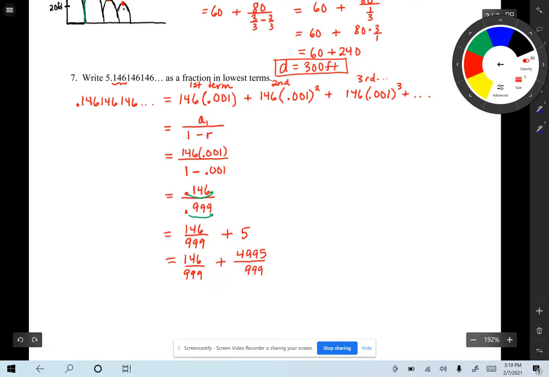You can't add the 5 in. Well, I mean, you could say that's 5 and 146 over 999 and then write it as an improper fraction. So some students like to do that. So that is 5,141 divided by 999. Now, if you were to take a calculator and put that in, you're going to get 5.146, 146, 146, and so on.